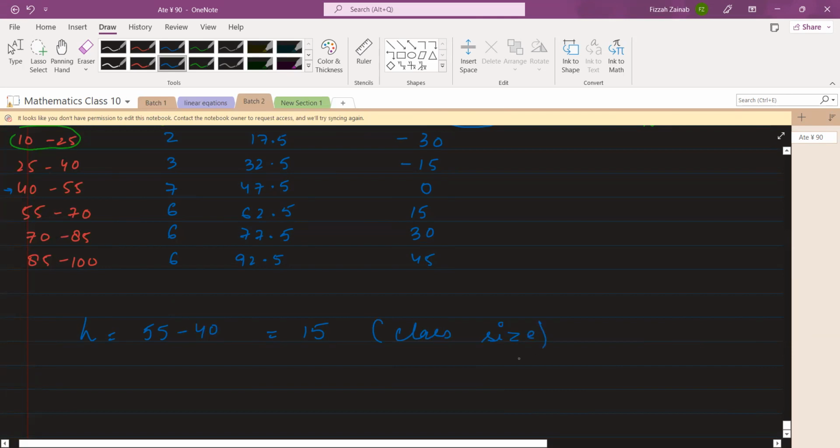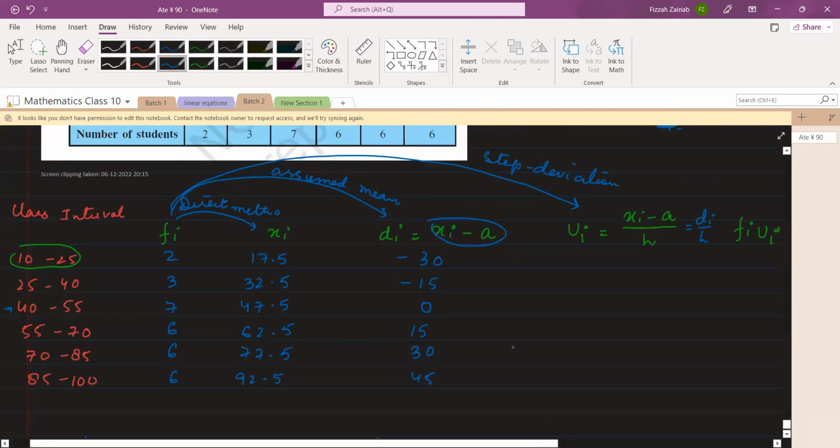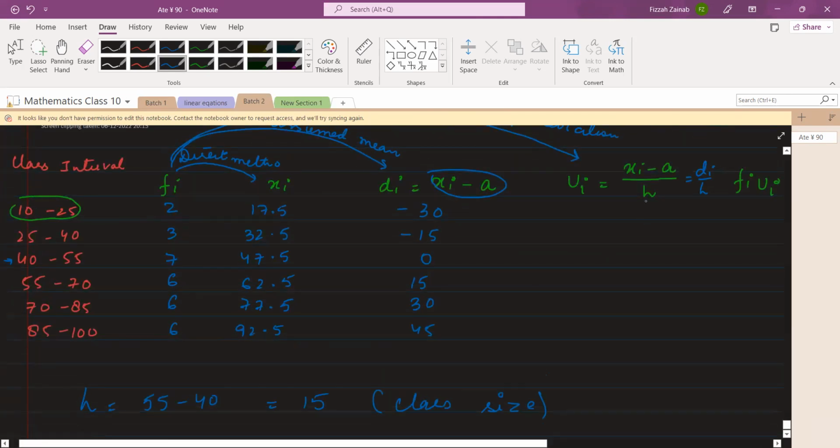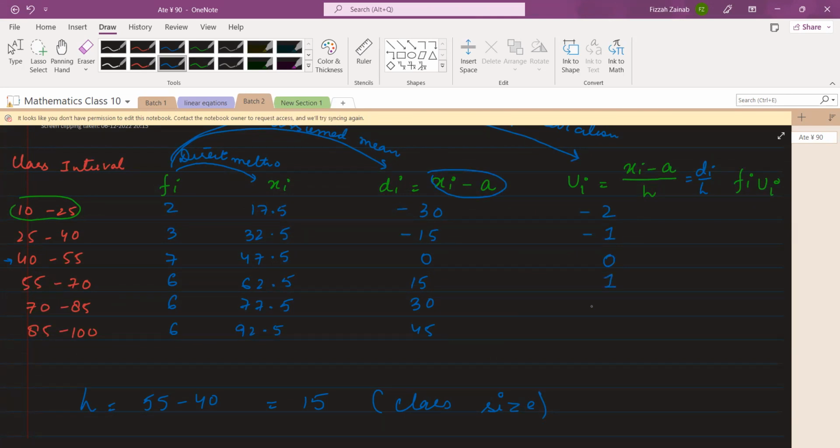So H is 15. We have already found minus 30, divided by 15. So that becomes minus 2. Minus 15 by 15, so minus 1. Now 0 by any number, 0. 15 by 15, 1. 30 by 15 is 2. 45 by 15 is 3.